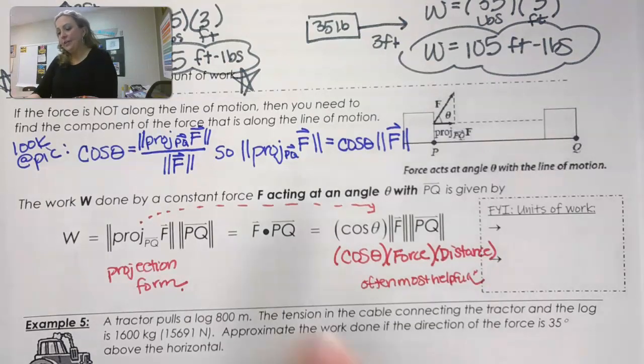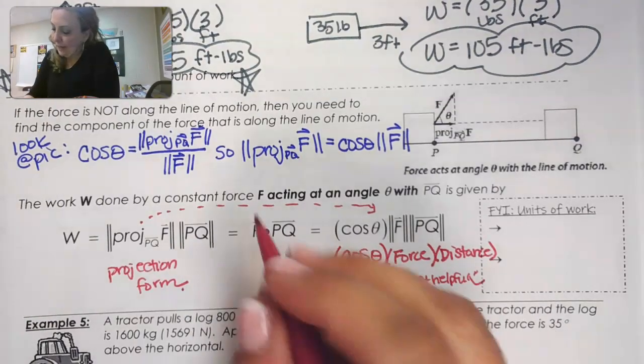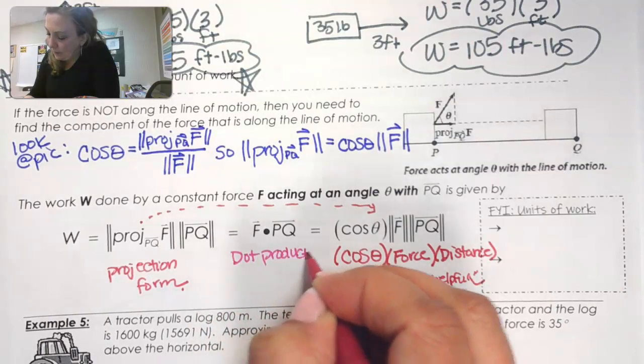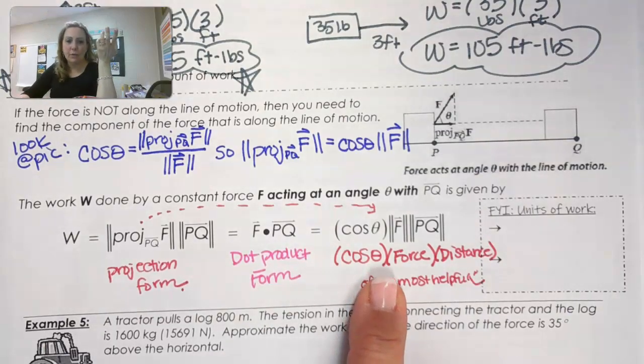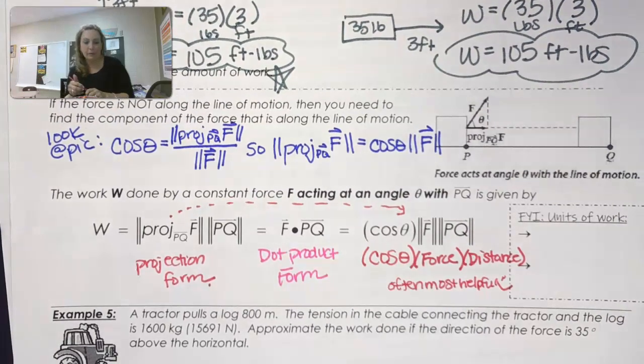And then there's another way that we can write it, and this is using the dot product. You could also find the work by using the dot product. And so this is the dot product form. This is also like a projection form, but again, we just turn the projection into something a little more palatable, I guess.